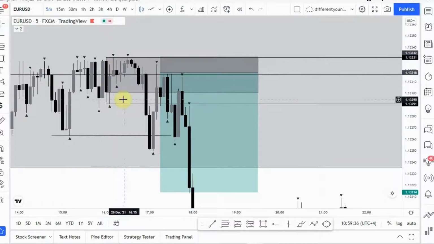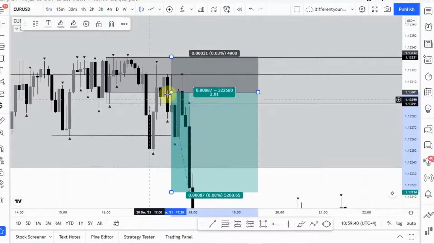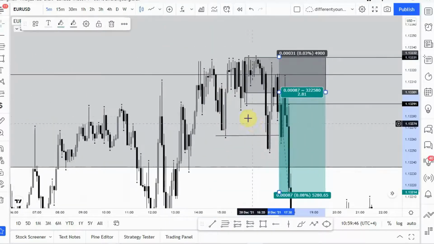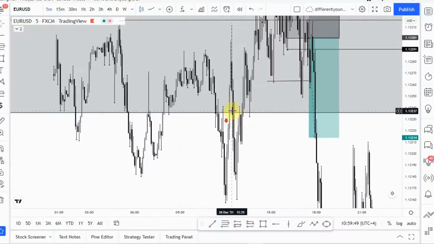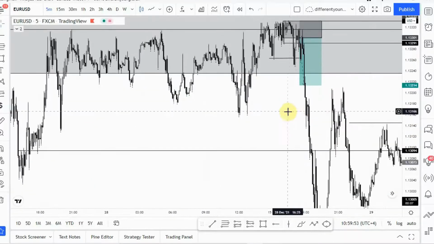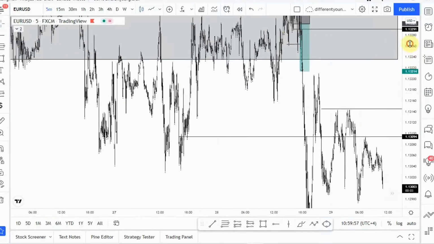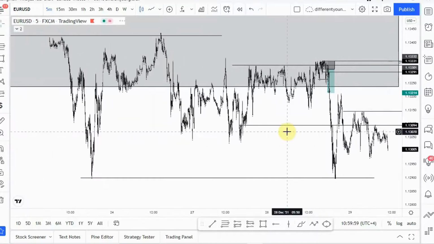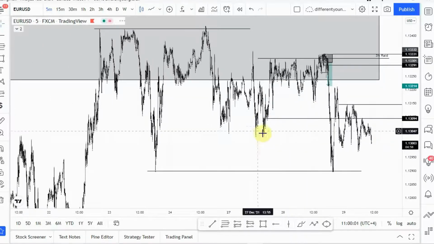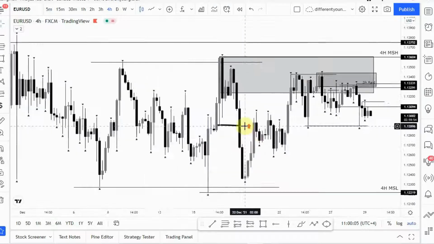The body is right because it's already big enough, because definitely it's going to pull back to some extent to this block as well, right? So 3-pip stop loss, and it just tanked and never gave any chance to anyone.